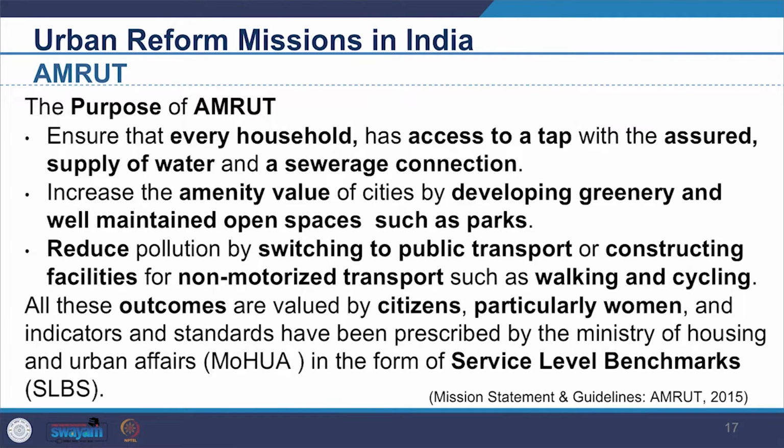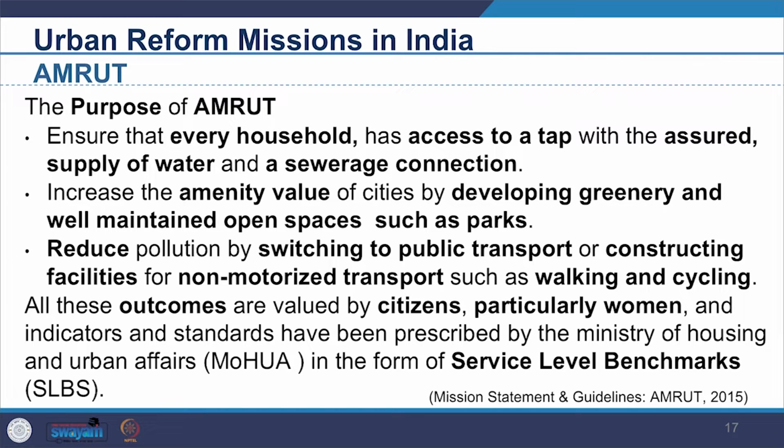The purpose of the Atal Mission for Regeneration and Urban Transformation is to ensure that every household has access to a tap with assured supply of water and a sewerage connection, to increase the amenity value of cities by developing greenery and well maintained open spaces such as parks, and to reduce pollution by switching to public transportation or constructing facilities for non-motorized transport such as walking and cycling.